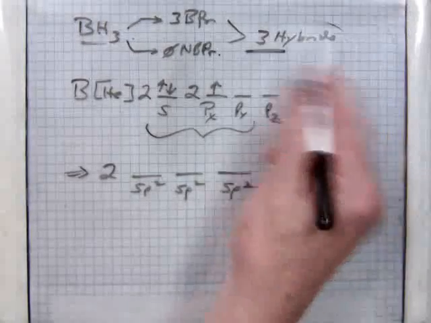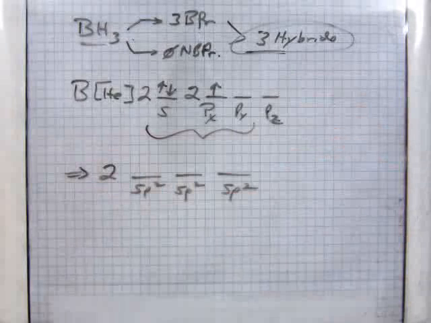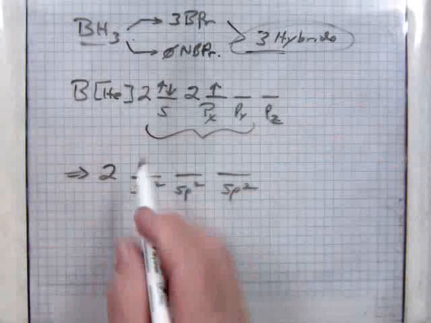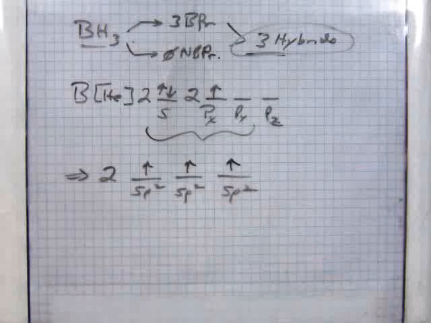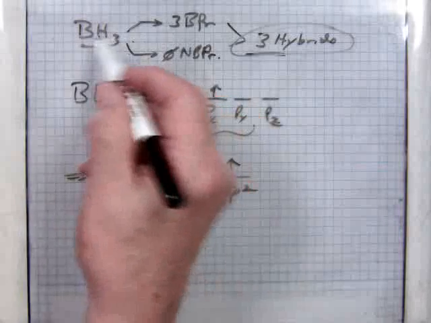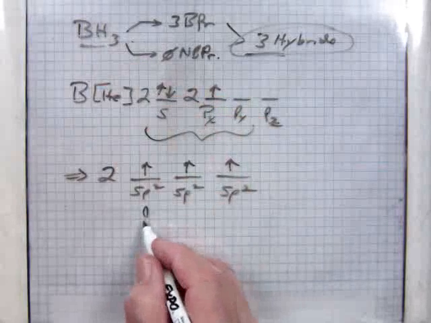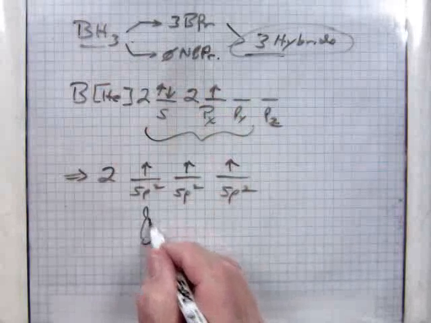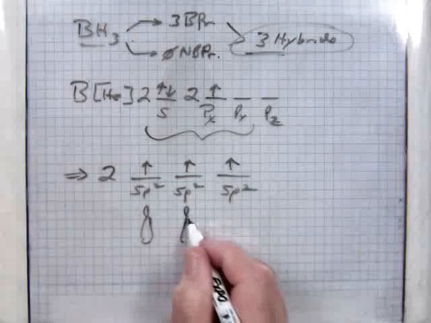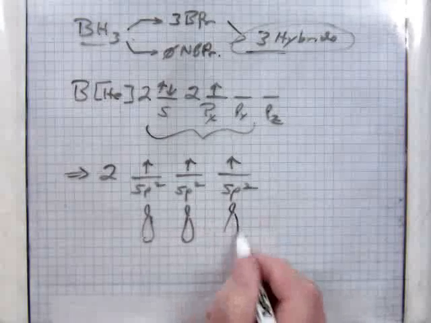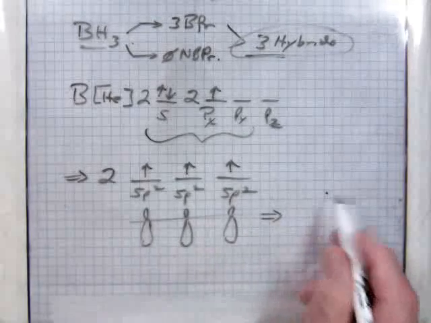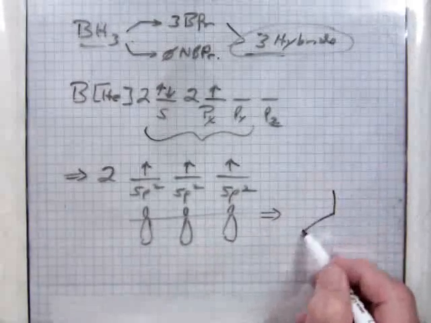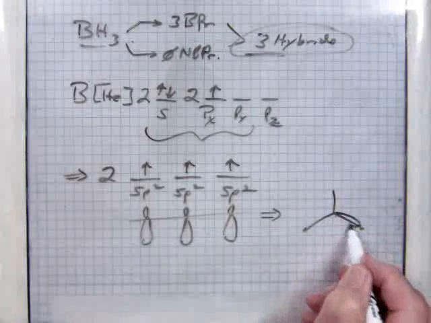It said 3 hybrids. That's what we take. And so each one has to accommodate the incoming electron from hydrogen right here. Well, since you have 3 structures that look like this, which is what all the hybrids look like, they connect along the apex, and they will form a trigonal planar shape like this.